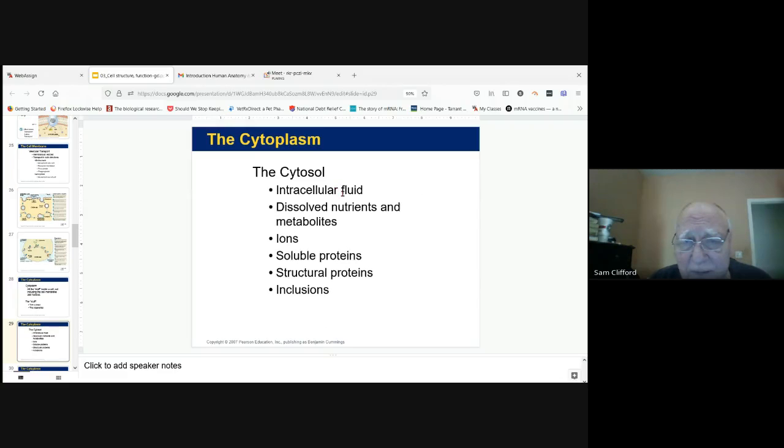The cytoplasm is the fluid in the cell. Materials dissolved there, ions are in there, soluble proteins, structural proteins, and other proteins or other chemical classes that are dissolved in the cytoplasm.